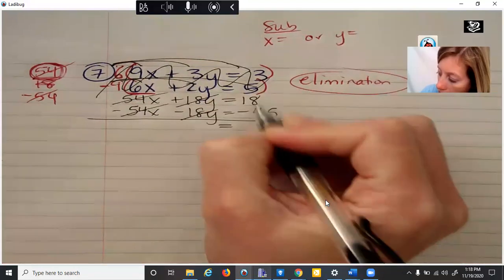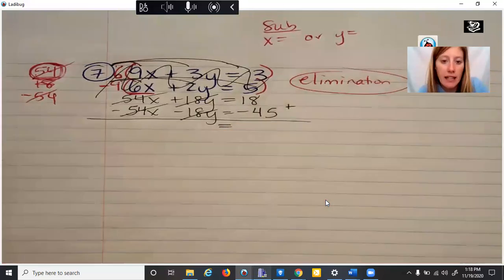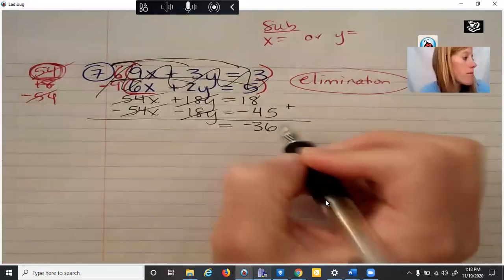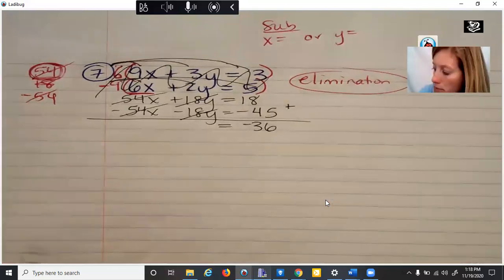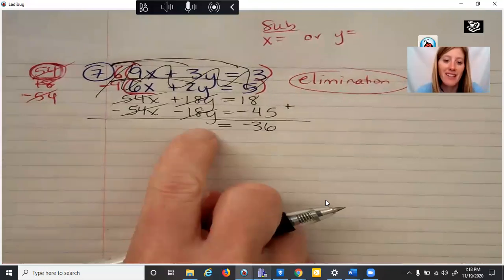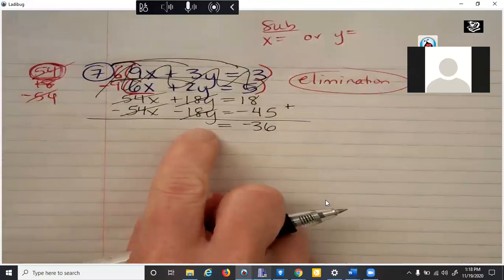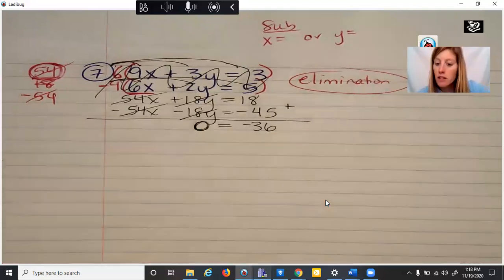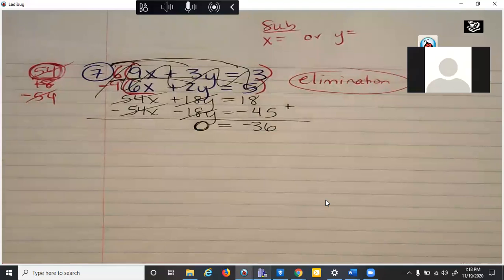So when I add these, 18 plus negative 54, I get negative 36. Caleb, what number's left here? 0. Very good. Nothing. So 0. Alejandro, tell me about this one. There would be no solution. Very good.